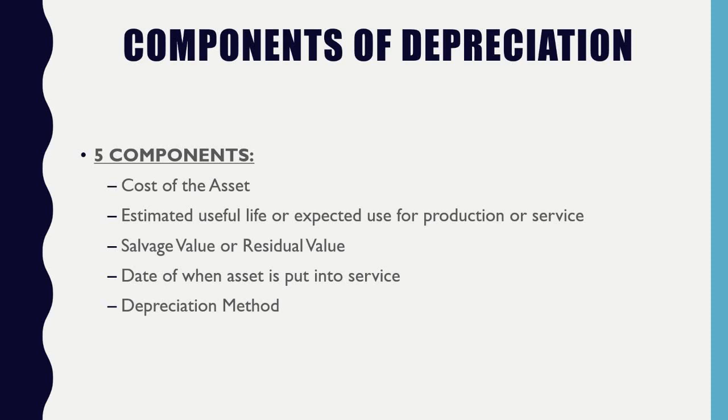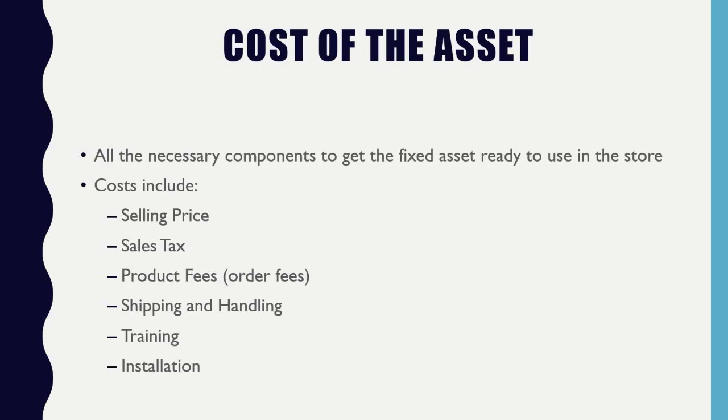Number 3, you need to determine a salvage value or a residual value. Number 4, you need to determine the date that you place the asset into service. And last but not least, you need to determine the depreciation method. So these 5 components are how you're going to get started with your depreciation. Number 1, let's talk about the cost of the asset.